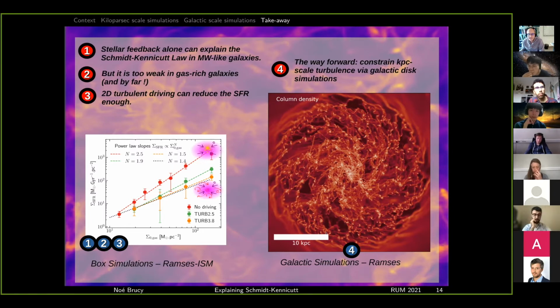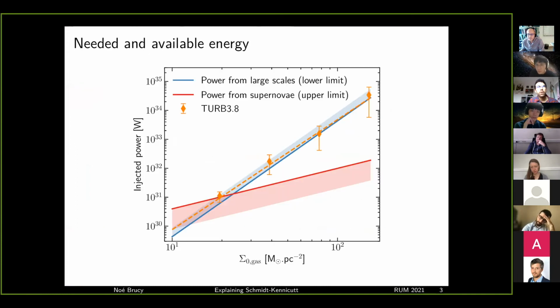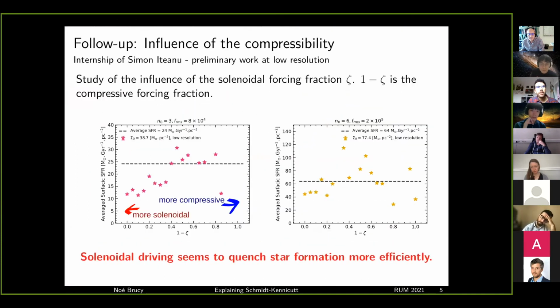So in this run, when we set up the turbulence, the goal was to see whether it was possible to get this match with the Schmidt-Kennicutt law. We found out, and that's also a figure I have somewhere, that more solenoidal modes were more efficient at killing star formation.